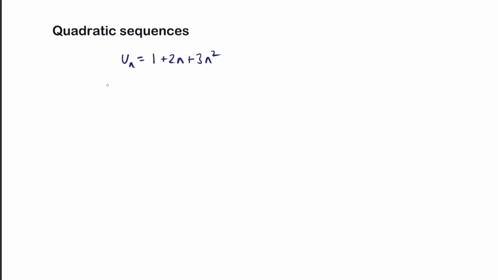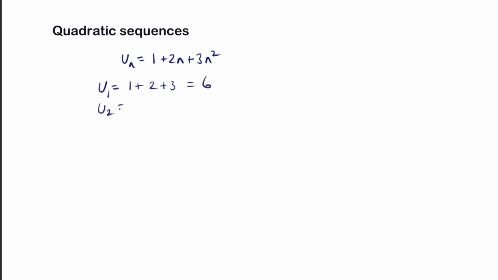So let's first of all see what numbers are generated by this formula. Obviously the first number, what would you get? If you put 1 into here, you'll get 1 plus 2, plus 1 squared is 1 times 3, that's 3, so that will be 6.